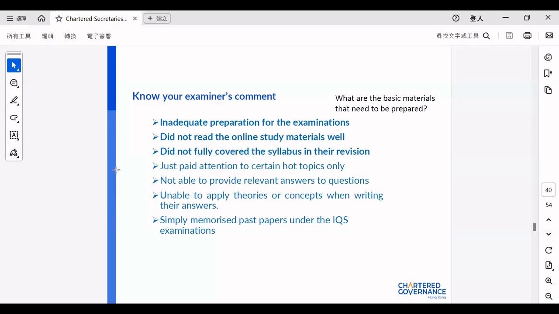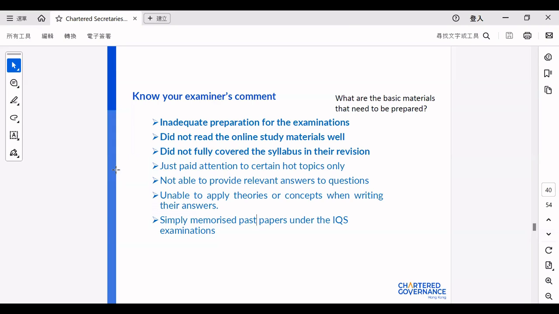Maybe that is a mistake also, because you need to write in more detail. They just write down a few points, and they expect you to write something further or elaborate on the points in the marking scheme. So don't think that even if you recite everything in the marking scheme, you will get 100 marks.